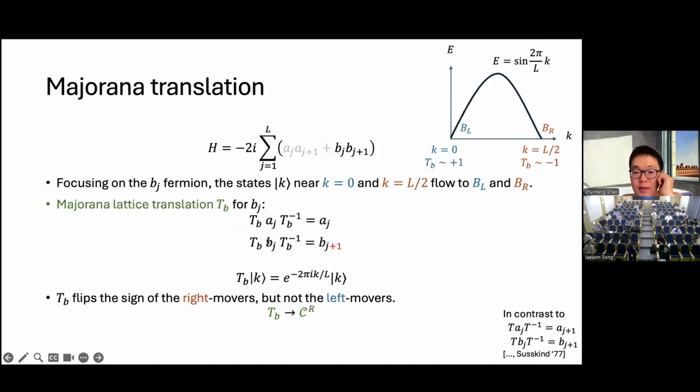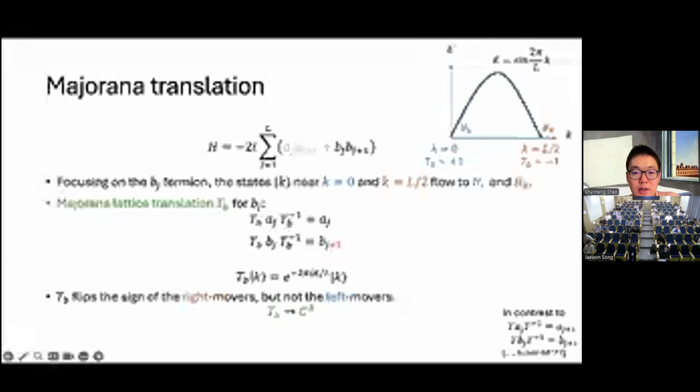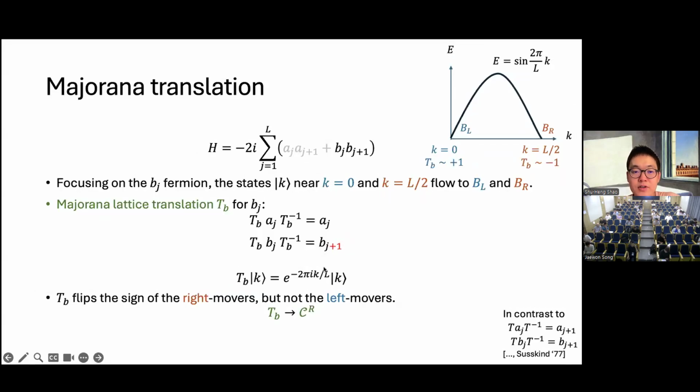So the upshot is that the Majorana translation for the B fermion in the continuum limit becomes a charge conjugation symmetry that flips the sign of a single Majorana-Weyl fermion. Right. Is there any question up to this point? So far we have found the lattice counterpart of the charge conjugation symmetry.